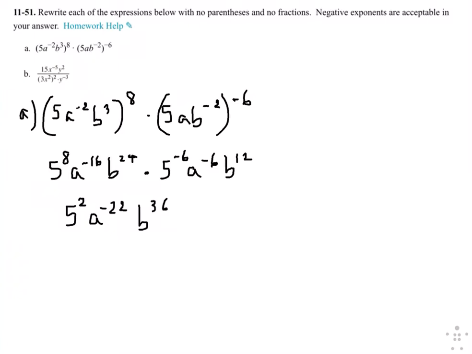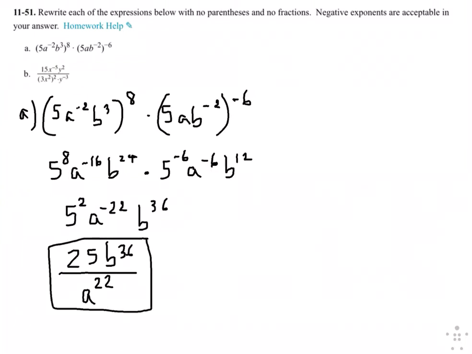Now, a couple things. The negative exponent is not simplified, and the 5 squared is not simplified. So this is 25. The a to the negative 22nd becomes a to the 22nd in the denominator, and the b to the 36 is left like that.